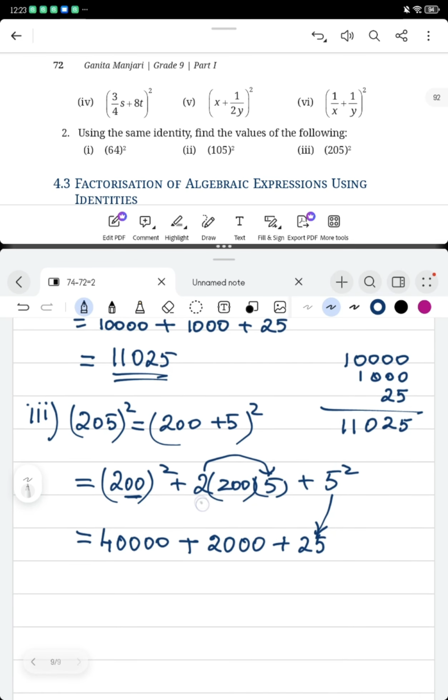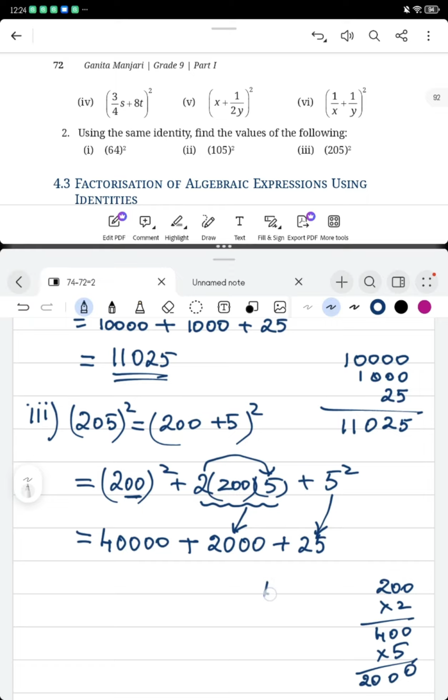If you want me to do the middle term once again, see here, 200 into 2 becomes 400, and then multiplied with 5 will be 2000. But I told you the shorter way: multiply 2 into 5, then 2, just 20, and add the 2 zeros.